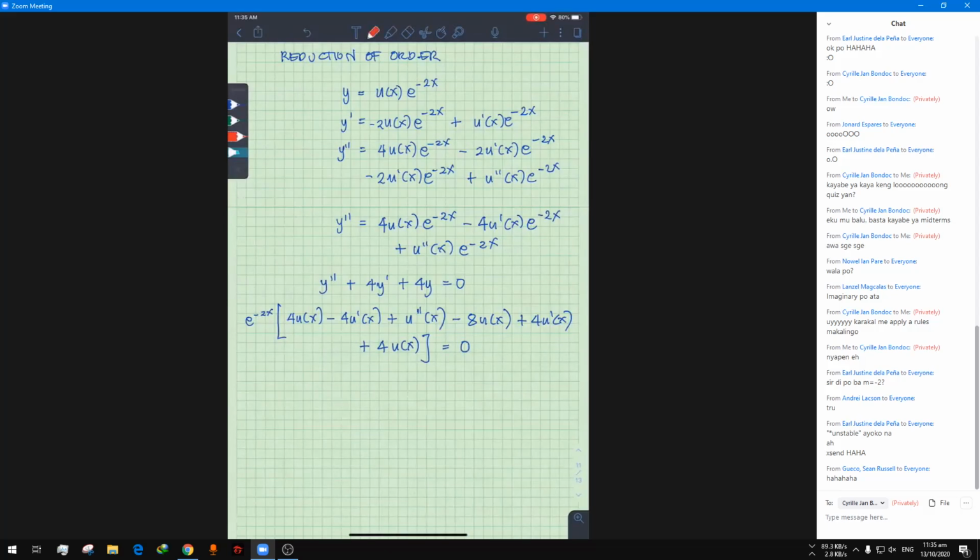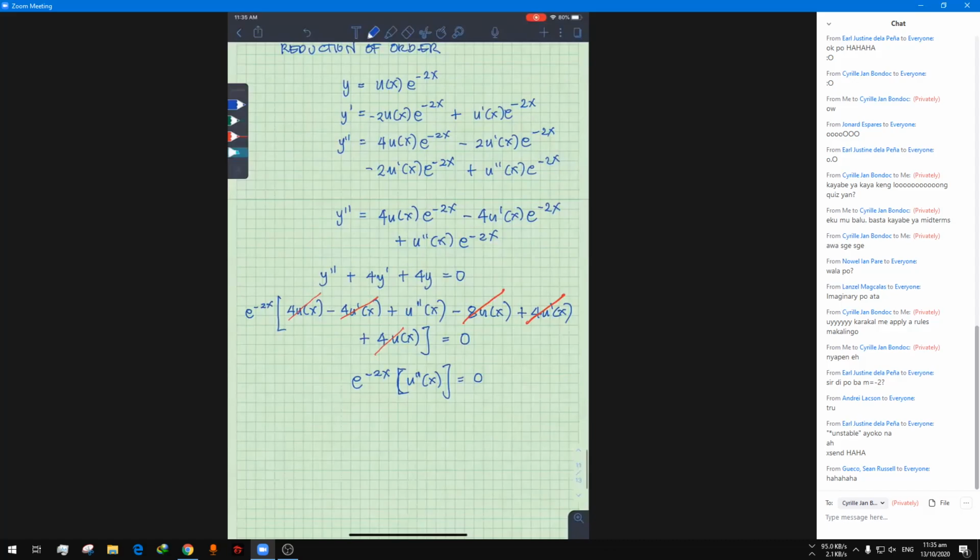So ngayon, we have negative 4u prime, positive 4u prime. So 4 plus 4 minus 8, 0. So matitira would be e raised to negative 2x multiplied with u double prime of x is equal to 0.